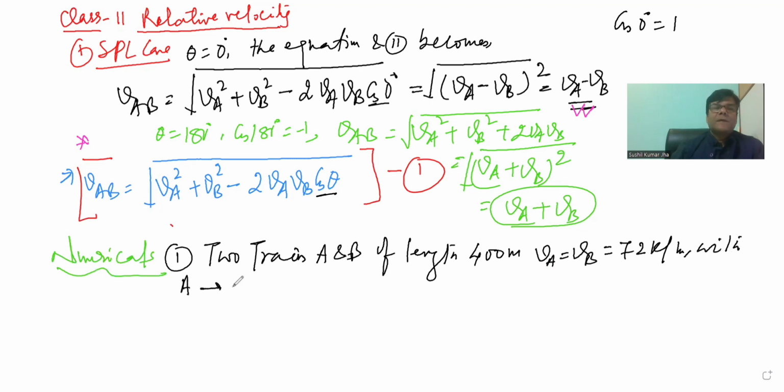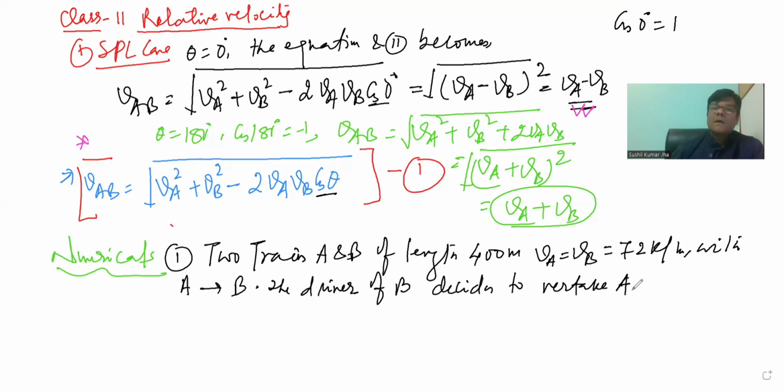A ahead of B. A आगे है B से. The driver of B decides to overtake A, having acceleration 1 meter per second square.